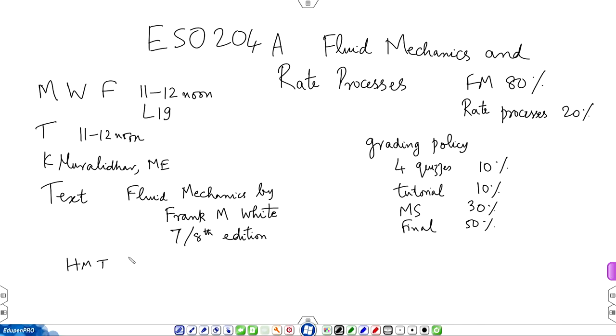Yeah? So, if you just imagine the chip formation, the chip moves like a liquid. It is called a plastically deforming material, behaves like a liquid. So, there are very amazing applications of fluid mechanics in very distinct and different contexts.